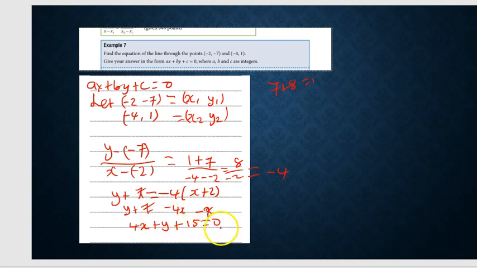So the required solution is 4x plus y plus 15 equals 0.